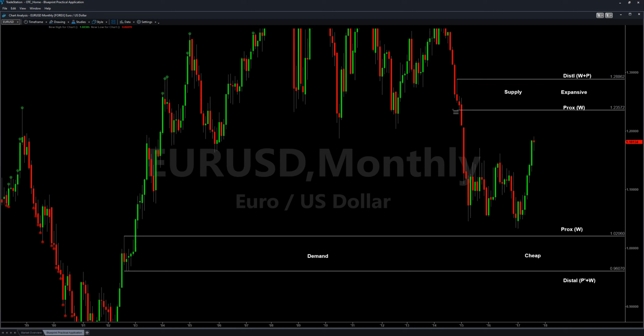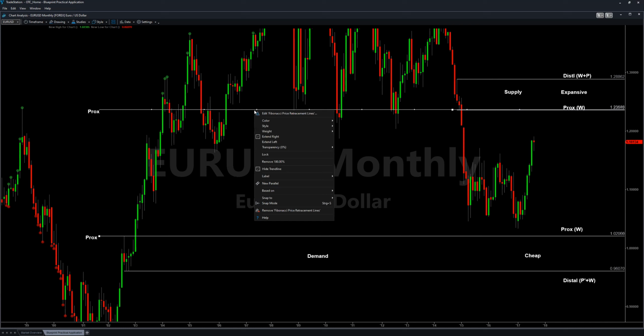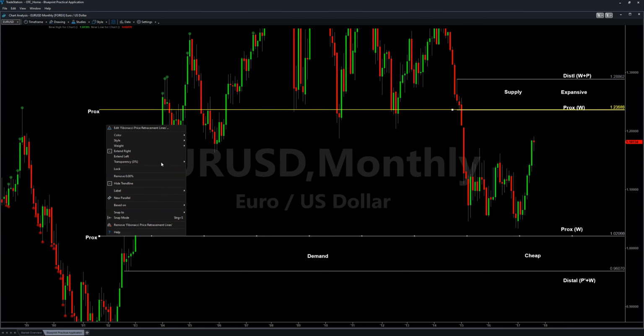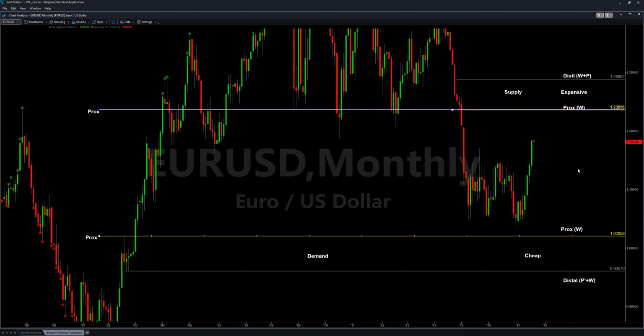Means we will calculate the area from proximal to proximal, okay? We'll change the range color, I will use yellow. This is also yellow. It's the full range of the zone from proximal supply to proximal demand.